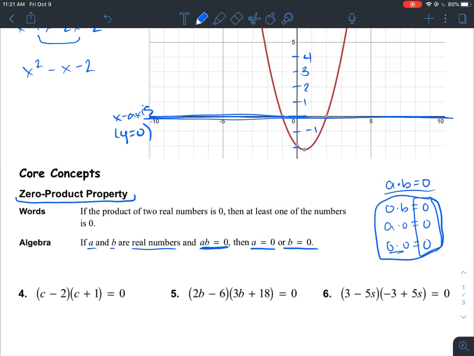That's what the zero product property states: if a and b are real numbers and you multiply them together to get 0, then either a or b or both are 0. Okay?